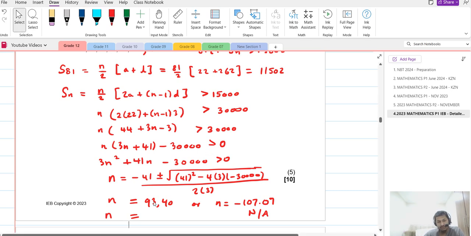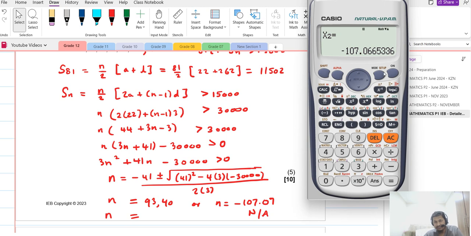Should it be 93 or should it be 94? We're going to check which is the first value of n that's going to give me greater than 0. It can't be 93, because if you try 93, it's going to give me a negative answer. Let's try 3 times 93 squared plus 41 times 93 minus 30,000.